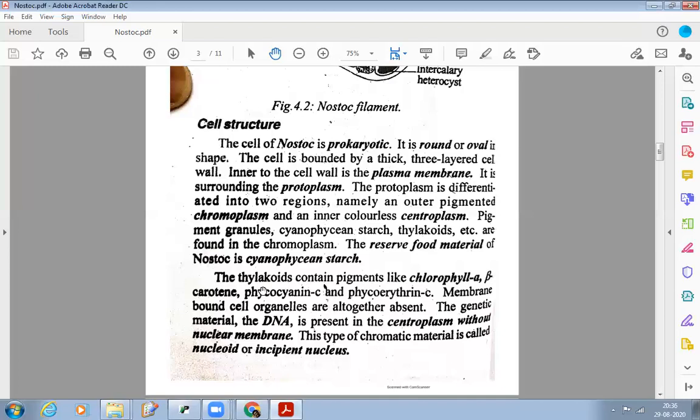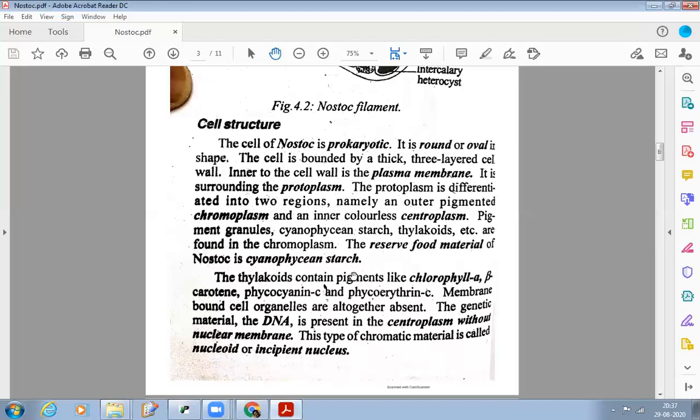So the thylakoids are naked. In eukaryotes, the thylakoids are surrounded by stroma, the matrix of the chloroplast. Here, since the chloroplast is absent, the thylakoids are single membrane structures directly embedded in the cytoplasm.